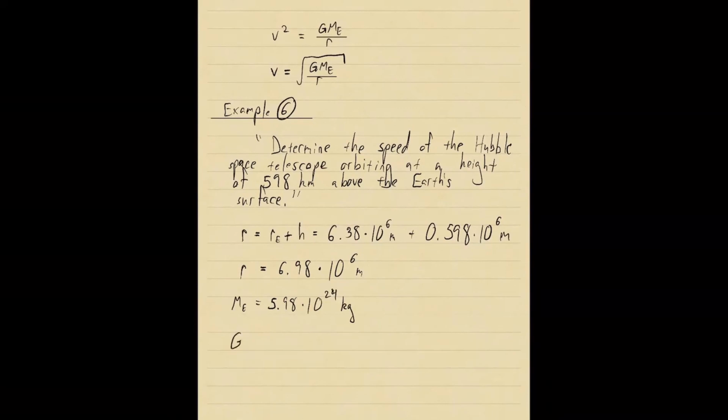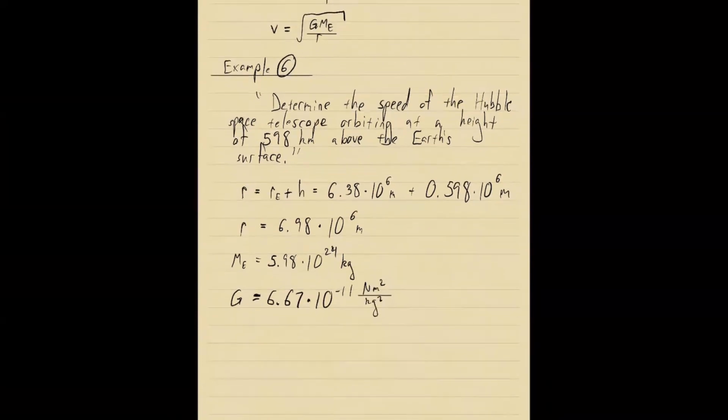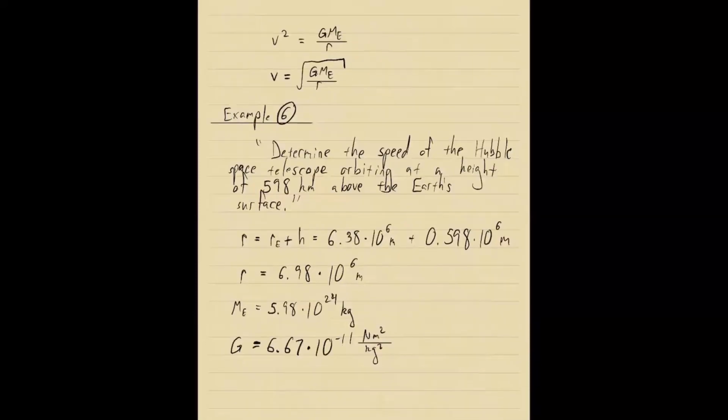Just as a reminder, G, Newton's constant, is 6.67 times 10 to the negative 11 newtons times meters squared per kilogram squared. This value here is actually pretty important. I should have highlighted it earlier. This is the main result from that part of the section.